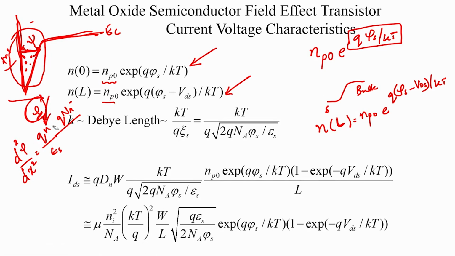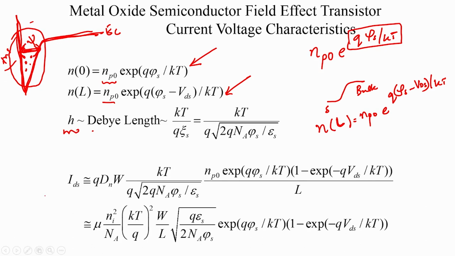It is a similar case here, and a good estimate of the penetration depth of the electric field is something called the Debye length, right. It provides a rough estimate as to what extent the band bending occurs.